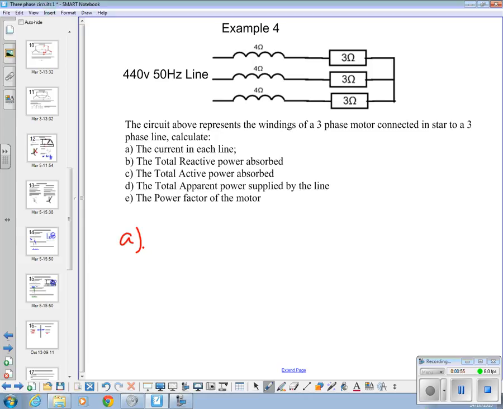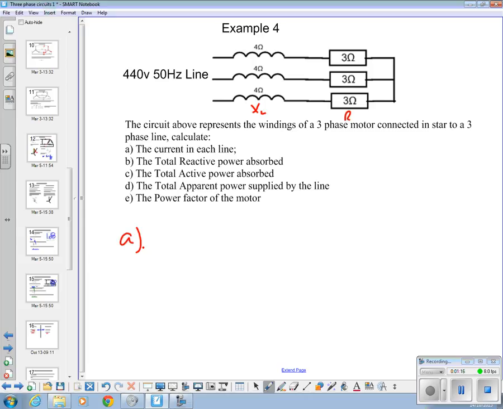What you got to be careful of here? It's impedance. We've got these both in ohms, but that's an XL and that's an R. So it's complex.